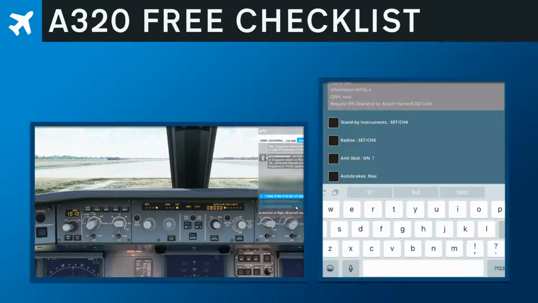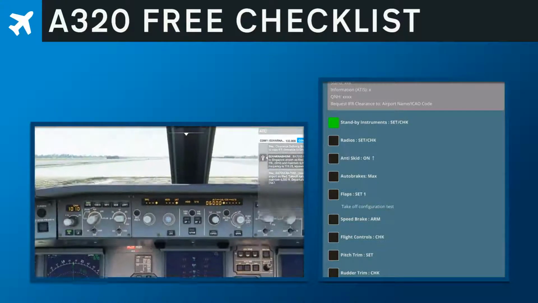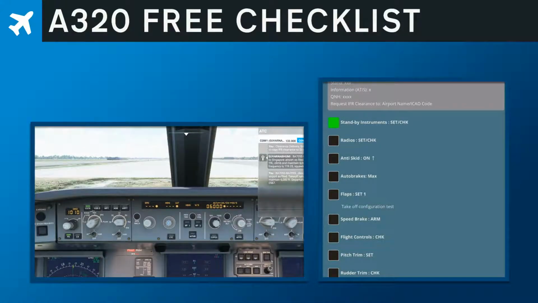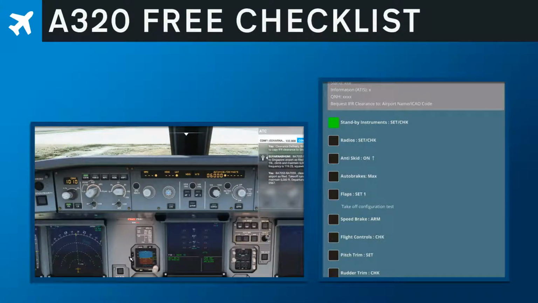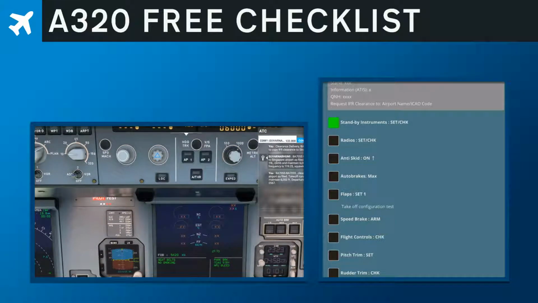Departure frequency is 119.25, squawk 0567. Okay, so we'll acknowledge that. Bravo Alpha 7055 cleared to Singapore Airport as filed. Takeoff runway 19 left, climb and maintain 6,000 feet. Departure on 119.25, squawk 0567.